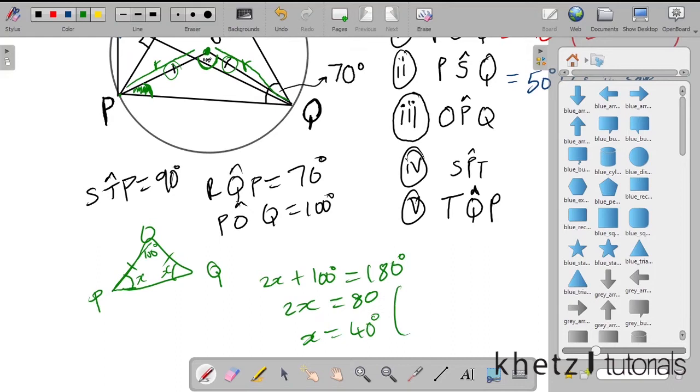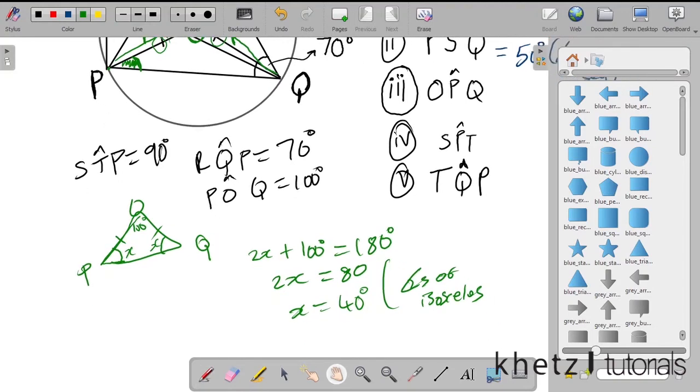And the reason for all of this is angles of isosceles triangle. Let's write it in full. Angles of isosceles triangle, and they're basically the base angles, and they should be equal.